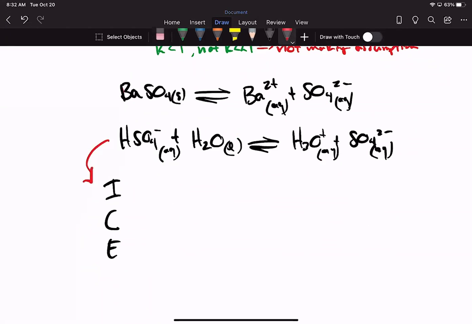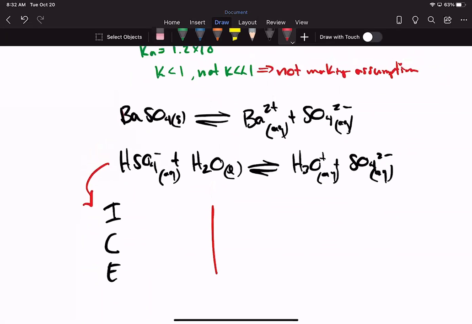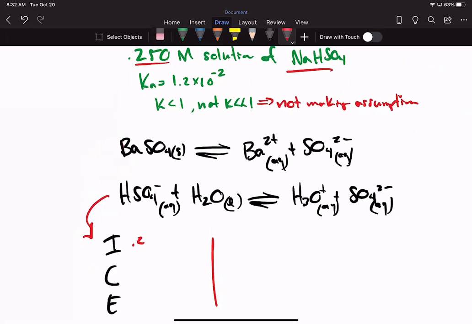We're working backwards here. So we're going to put 0.250 concentration of hydrogen sulfate. We don't have any here. We don't have any here. And then as normal, we go minus x, plus x, plus x, and this is going to be 0.250 minus x, x, x.